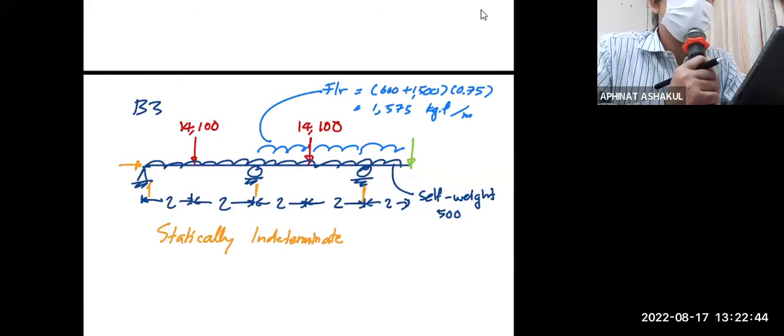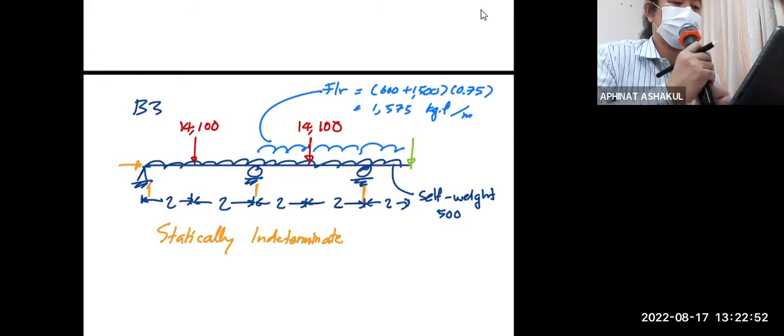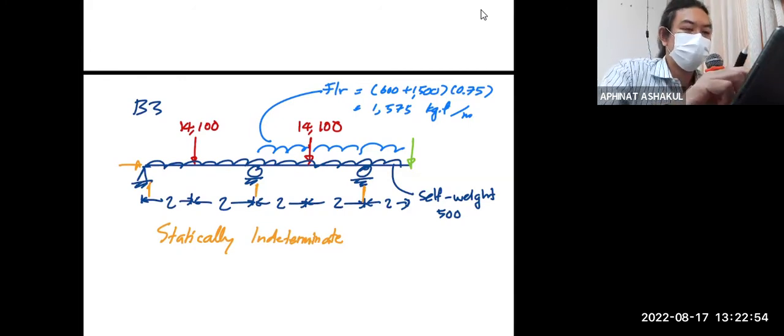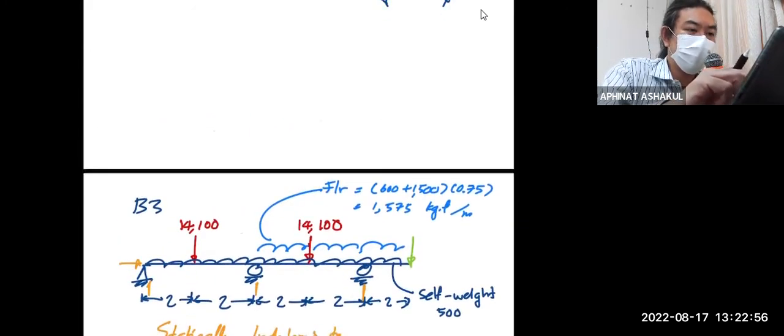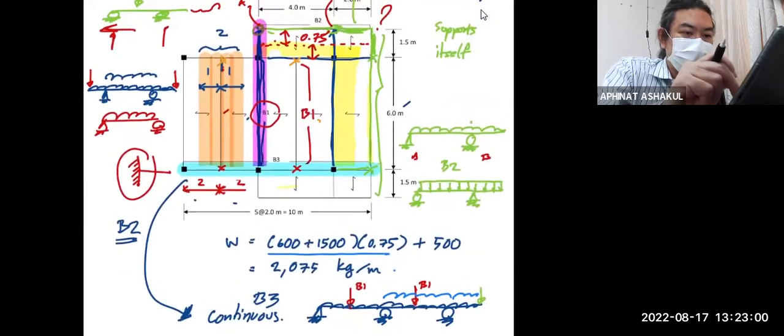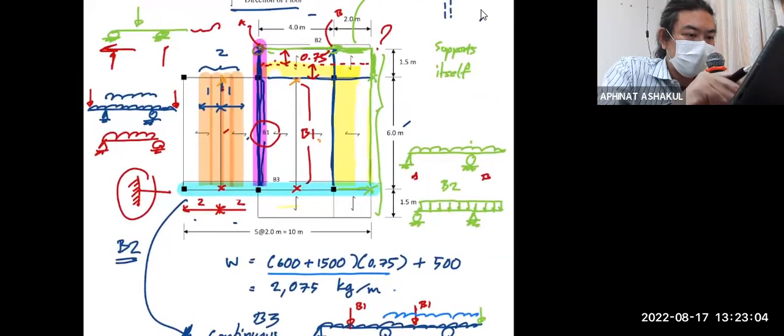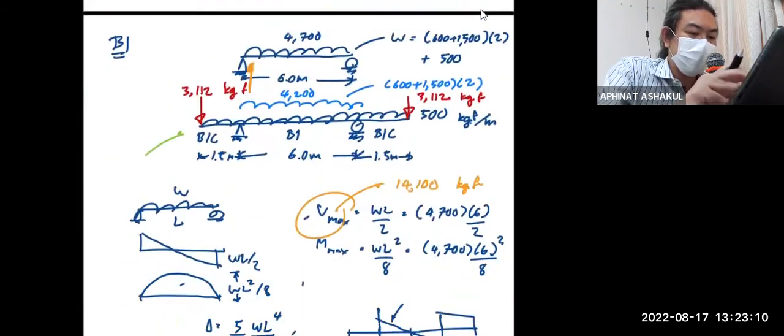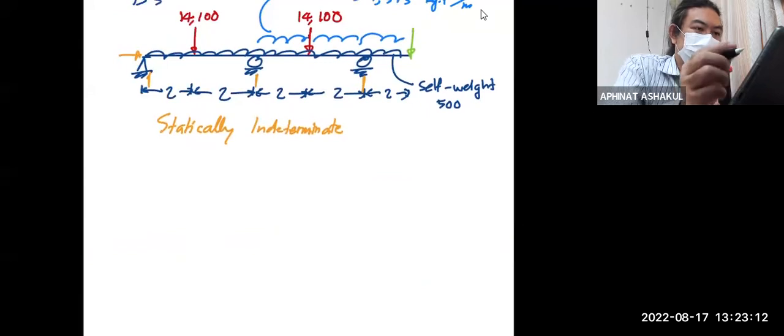Now let us focus on the green load. I have to go back because I can't remember. For this beam, here it looks like that, without the load.